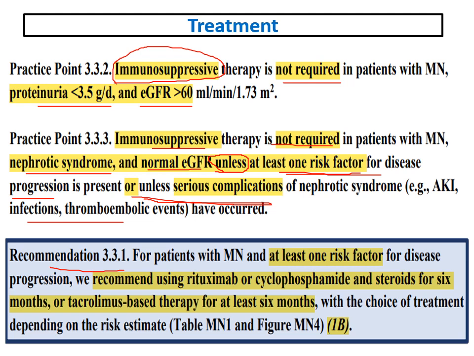This is the recommendation: at least one risk factor is needed. You can use rituximab, or cyclophosphamide and steroid for 6 months, or tacrolimus-based therapy for at least 6 months.